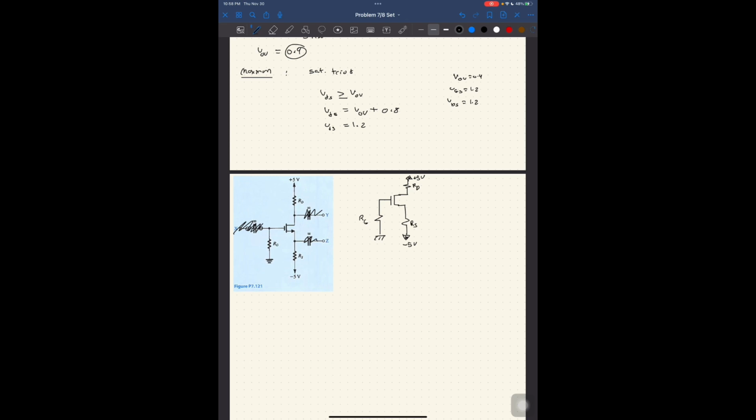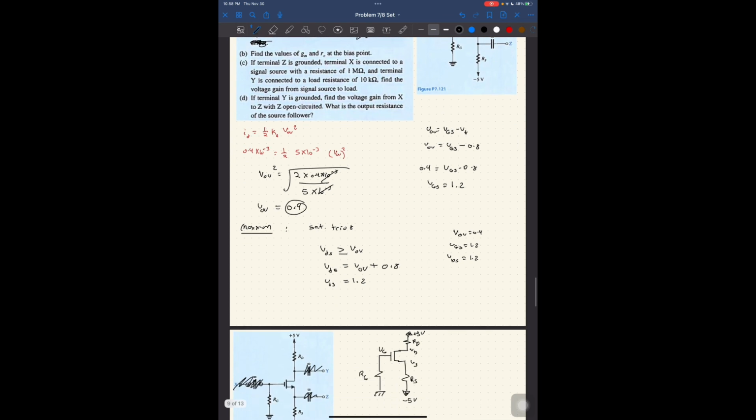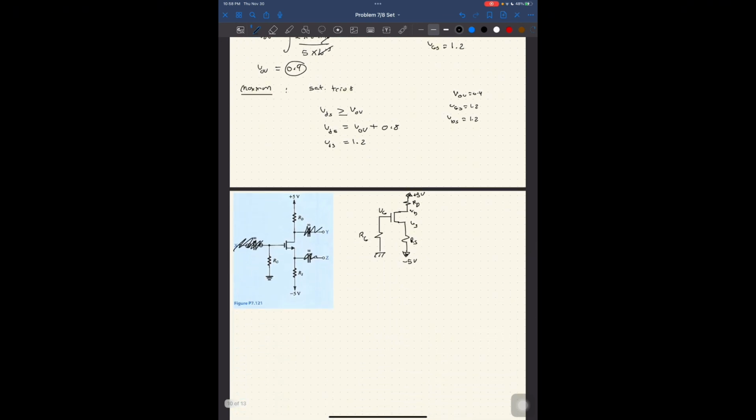And we understand that this is my VS, this is my VD, this is my VS, and this is my VG, right? So, where do we proceed from here? We want to know the values of RS, RD, and RG such that ID is equal to 0.4 milliamps. So, ID has to equal 0.4 milliamps.